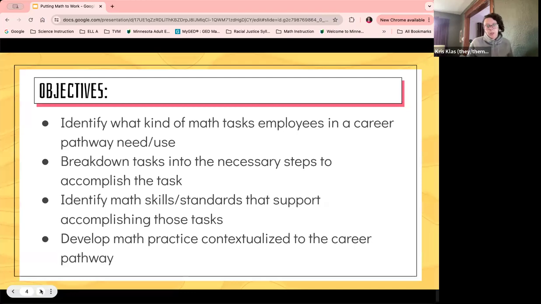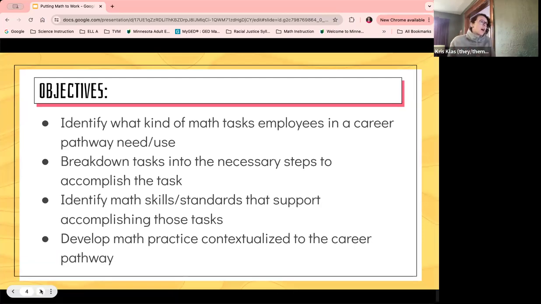Some of what I'm hoping to cover today is being able to identify what kind of math tasks that employees in different career pathways need to use. I think sometimes when you're trying to get all of the workforce readiness and the literacy components into a course, math is easy to kind of put on the back burner or not even necessarily know where to start.